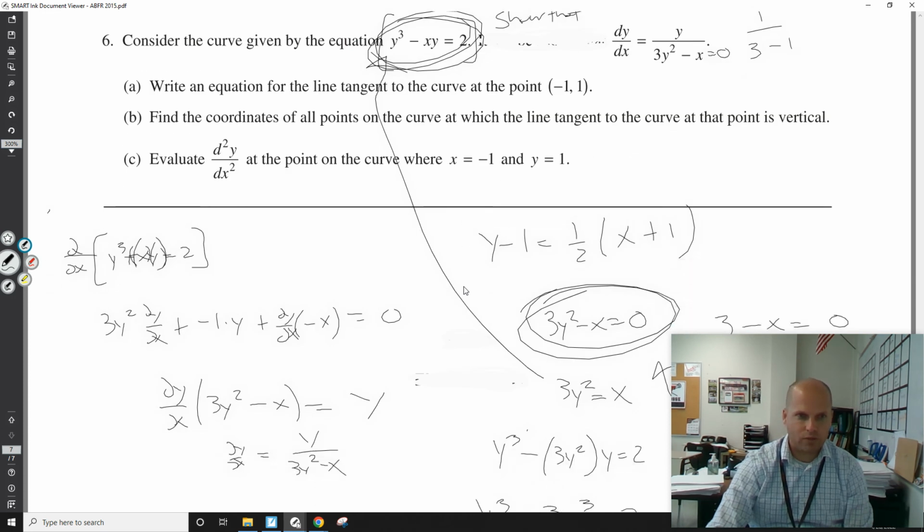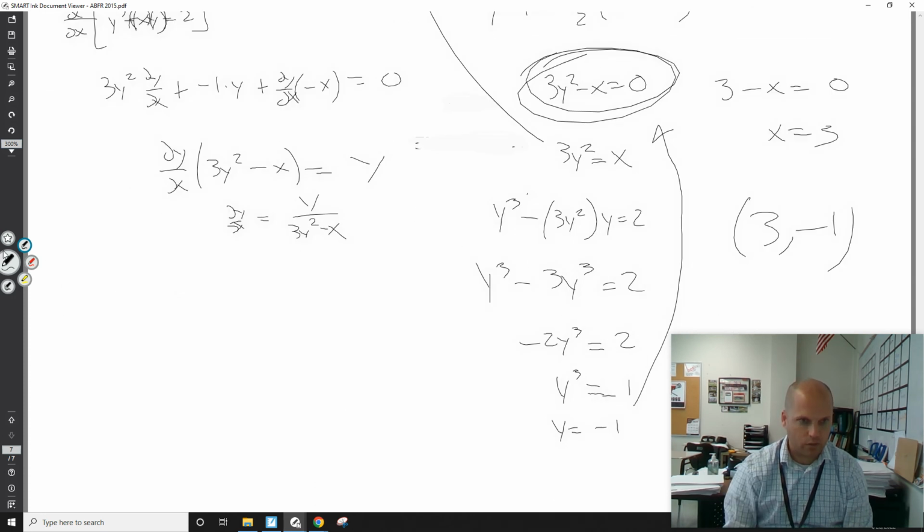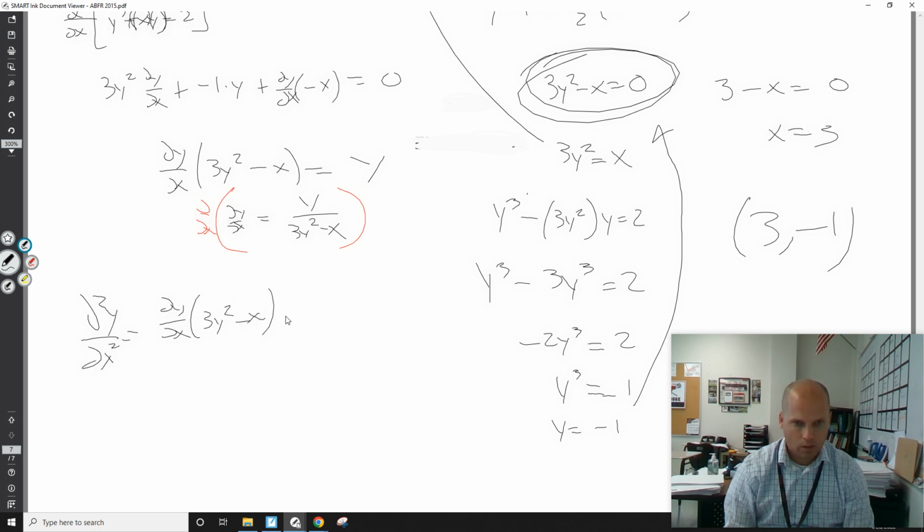So y over 3y squared minus x, that's right there. Okay, so we take the derivative of my first derivative. The derivative of the top times the bottom. The bottom is not a product, so we're good. So when we take the derivative of the bottom, it's just 6y dy dx minus 1 times the top all over the bottom squared.